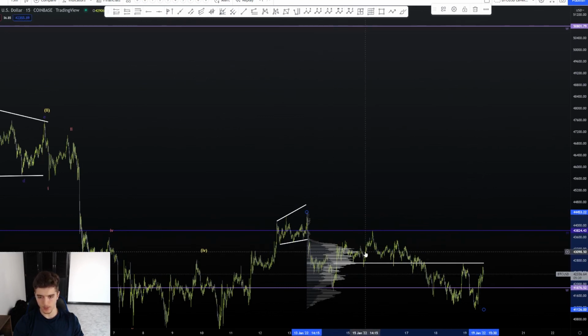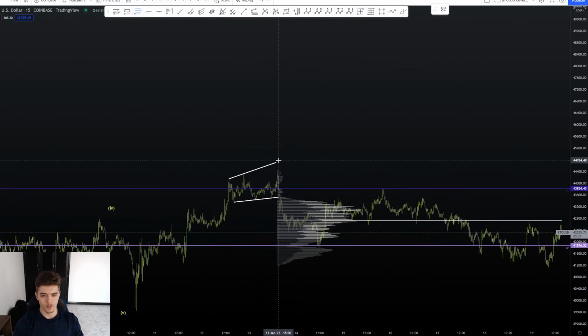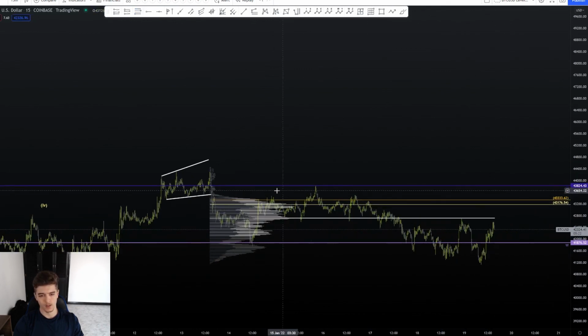Now we have another volume node up here around 43.1K-ish. And that comes pretty close to this local golden pocket right here. So this could be some resistance to look out for.